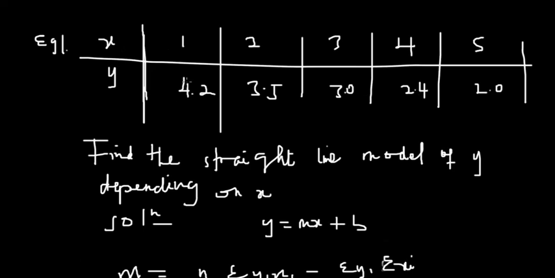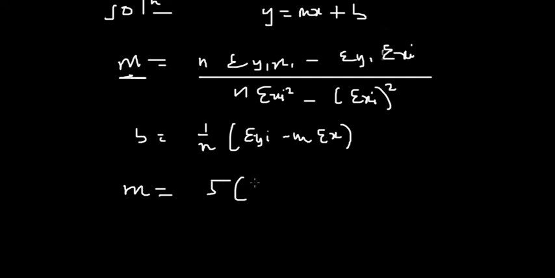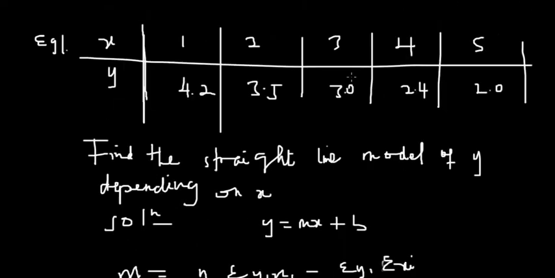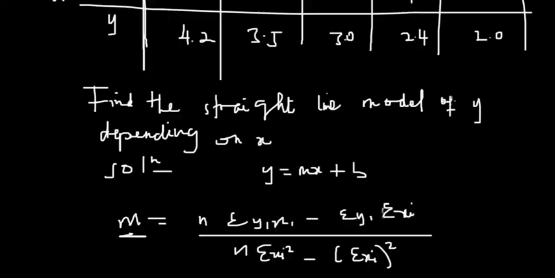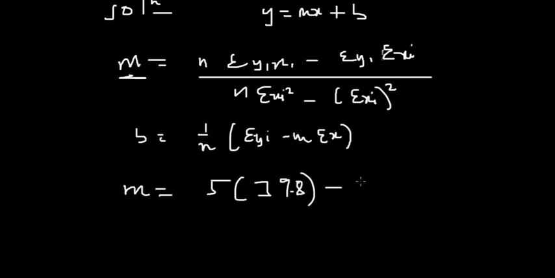So that's 1 multiplied by 4.2 plus 2 multiplied by 3.5 plus 3 multiplied by what? 3.0, like that. And then you end up with a specific value, which is what? 39.8. Okay, and then you subtract that from what? Summation of y. Okay, so you sum all of the y values up from 4.2 to what? 2.0, and then you end up with what?